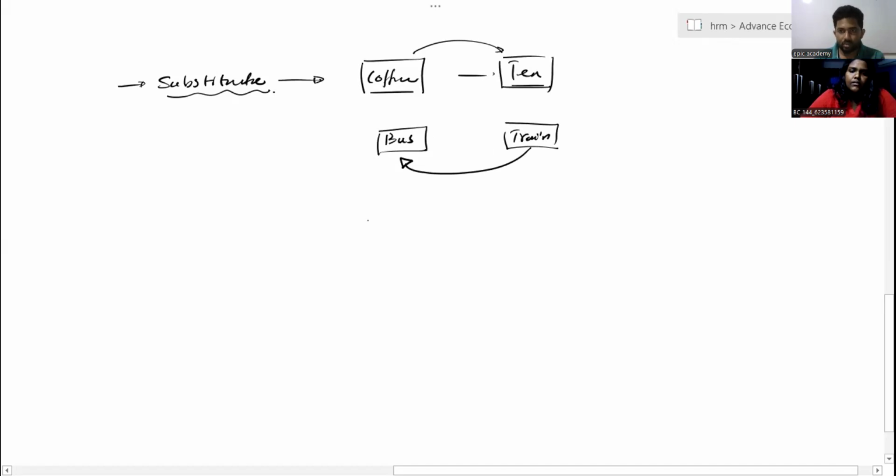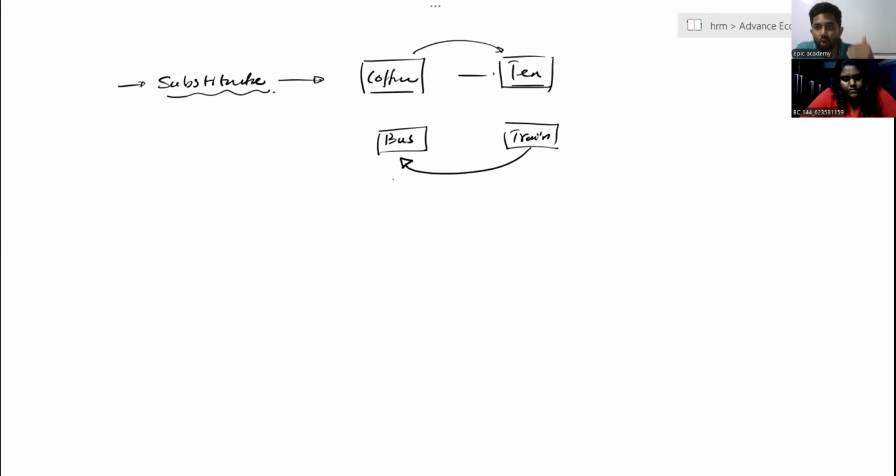Alternative means substitutes. Substitutes can be identified among commodities, goods and services. Production factors also can be substitutes. If you are going to produce some commodities by using labor, capital is the substitute for labor.